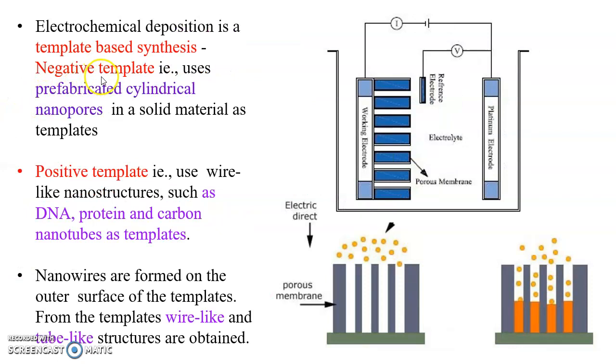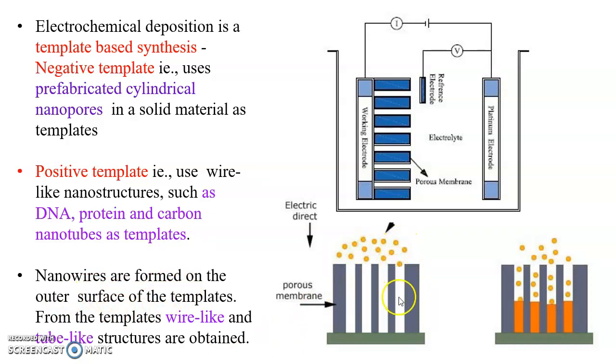And we have a negative template and a positive template. The negative template uses a pre-fabricated cylindrical nanopore in a solid material as the template. Whereas in the case of the positive template, we use wire-like nanostructures such as DNA, protein, and carbon nanotubes as templates, and the nanowires are formed on the outer surface of the template.